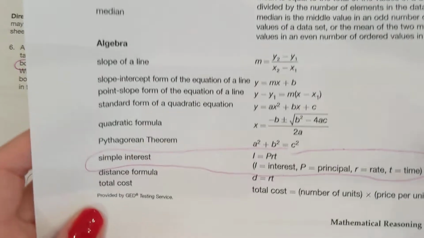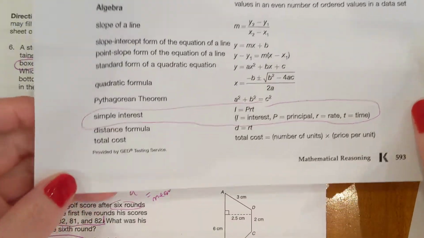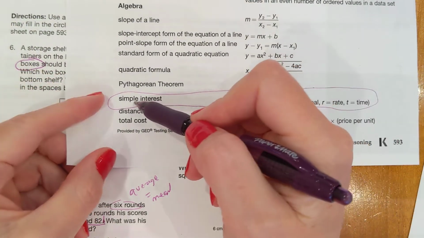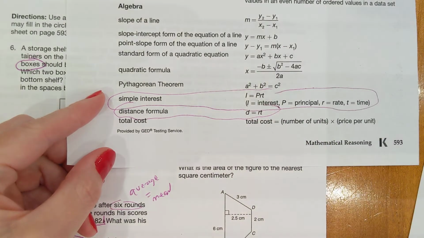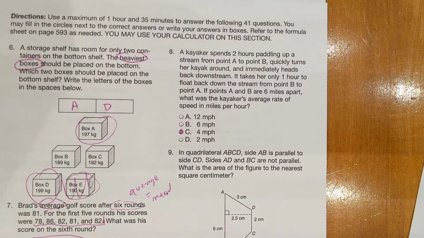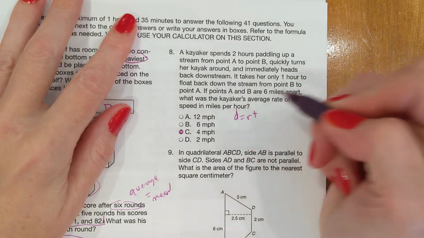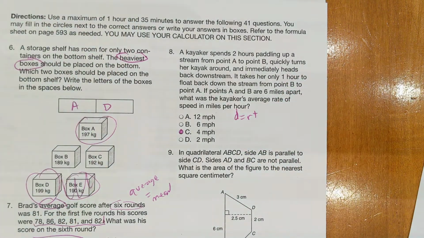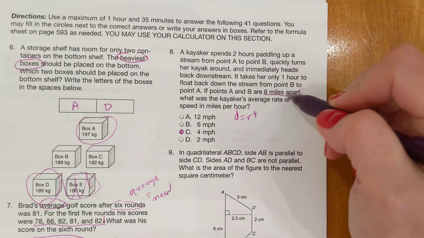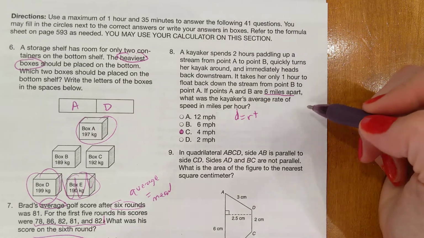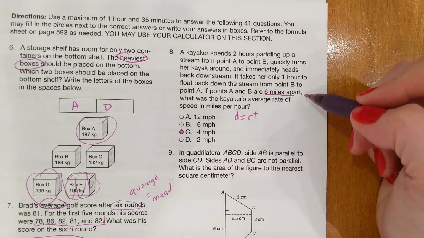Well, on your formula sheet, it has the distance formula down here. It says distance formula, D equals RT. D is distance, R is the rate, and T is the time. The distance they went: they're 6 miles apart.